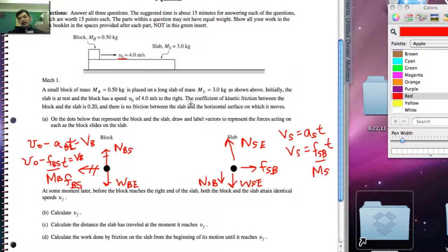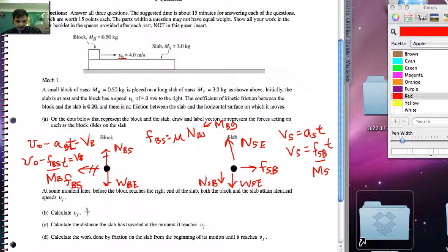Now, how are we going to get the friction force? We know the friction on the block due to the slab is mu times N of the block due to the slab, and of course that normal is the mass of the block times g. So we can put that into our formula.